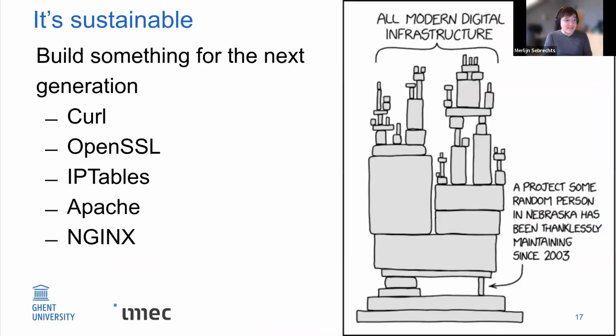Then another reason is that it's sustainable. And that's also something that's really interesting to me personally, that we're building something for the next generation. It's not that we're building software for one company and when that one company disappears, then the software disappears. No, you have all this modern digital infrastructure.